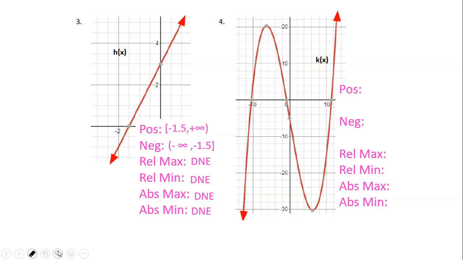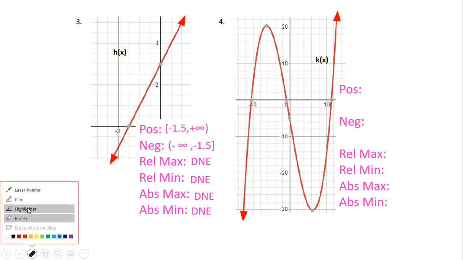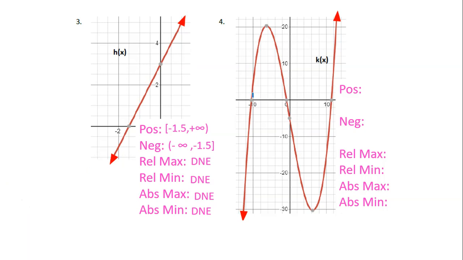So the first thing is the positive intervals. The graph is positive in this section here and this section here. Again, like I said, I'm going to guesstimate. It starts to be positive right there, and I'm going to say that point is negative 10.5.